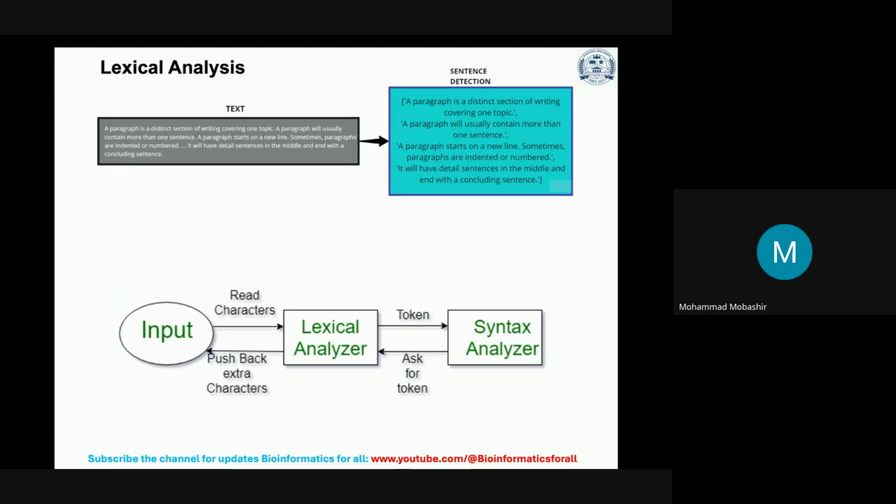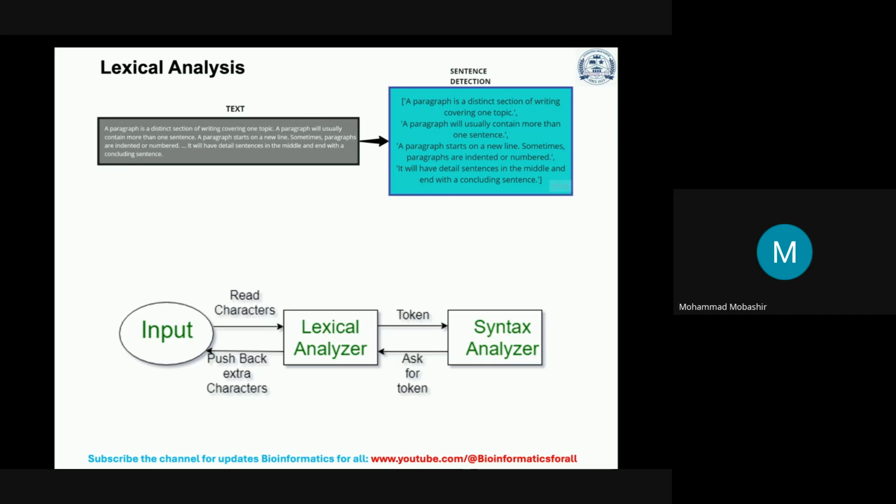So lexical analysis is the first phase of NLP, where you convert the sentence or paragraph into tokens.